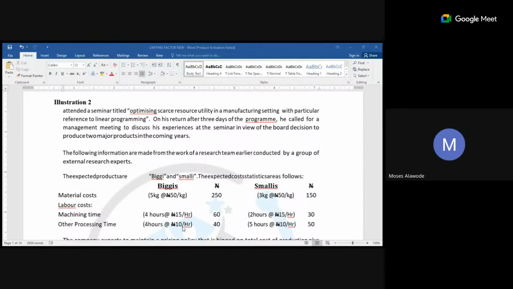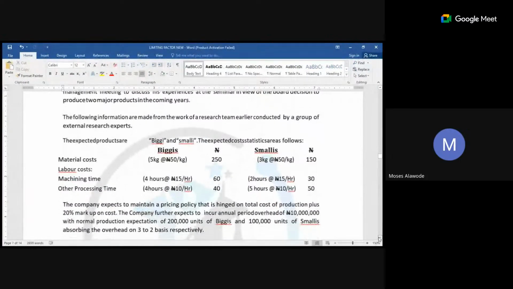The following information are made from the work of a research team earlier conducted by a group of external research experts. We have the expected product scarce, biggie and smallie, the expected cost. We have all the information assumed to be correct.